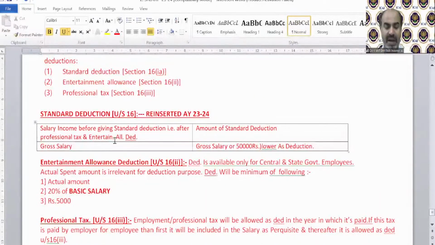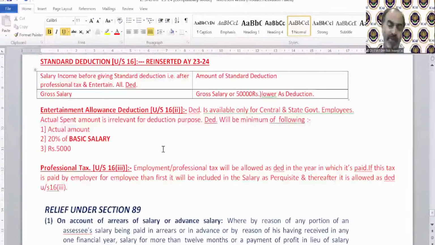But professional tax has 2 scenarios. If in the question it has been given, for example, professional tax or employment tax, there will be two scenarios.